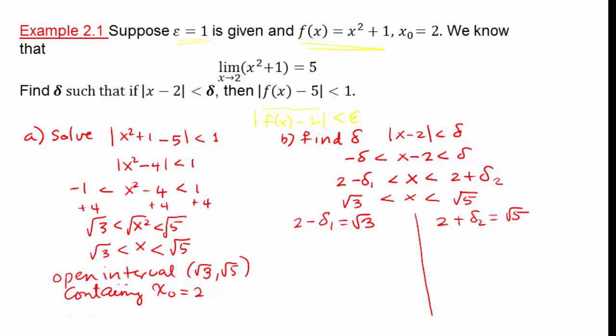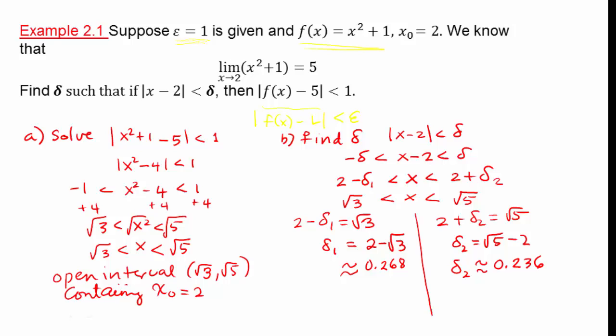If we do this, we see that delta 1 is equal to 2 minus the square root of 3, which is approximately equal to 0.268, whereas delta sub 2 is equal to the square root of 5 minus 2, and it turns out that delta sub 2 is approximately equal to 0.236.